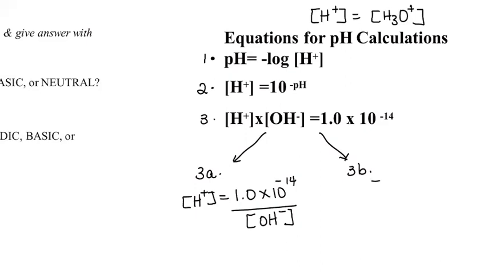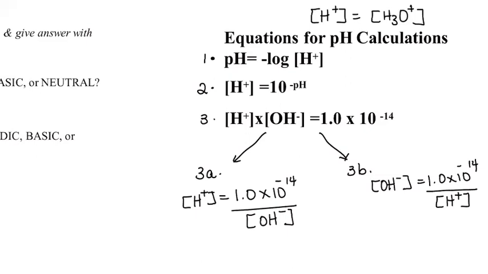Or if I'm trying to find the hydroxide concentration, I can take 1.0 times 10 to the negative 14 and divide it by H plus. And that's going to give me the concentration of hydroxide in a particular solution. So it depends on the question if you're going to use equation 1, equation 2, 3A, or 3B.